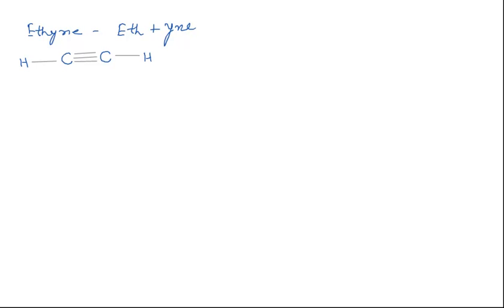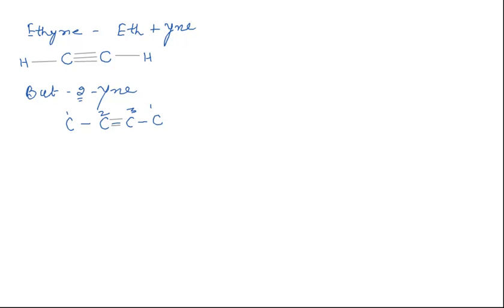It is ethyne. Likewise, if I have to make the structure of but-2-yne, what does this 2 indicate? This 2 indicates the position of the triple bond. Now here, students, it's but, so how many carbon atoms? Now in this case it is 2-yne. You count from any side, LHS or RHS, it would be the same.